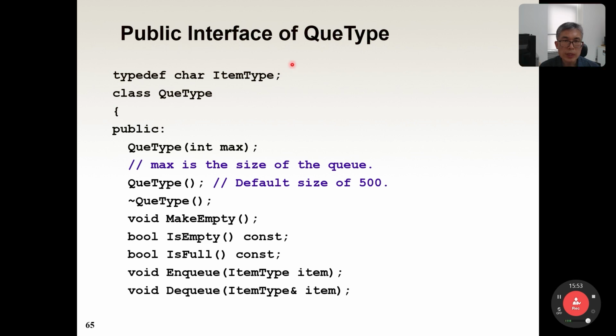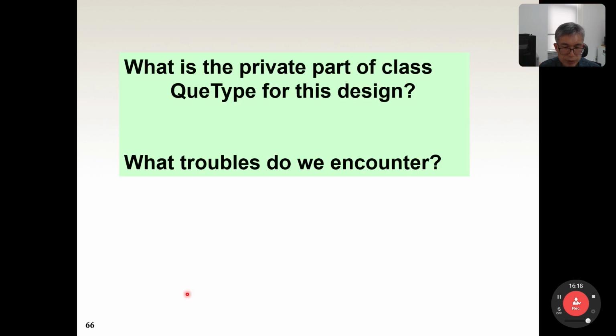So, the public interface of a queue type. The item type is now character, and this is the queue type class. The public functions include a constructor, with two versions: a default one, and one where the maximum size of the queue can be specified. Then a destructor, and the make empty, is full, enqueue, and dequeue functions.